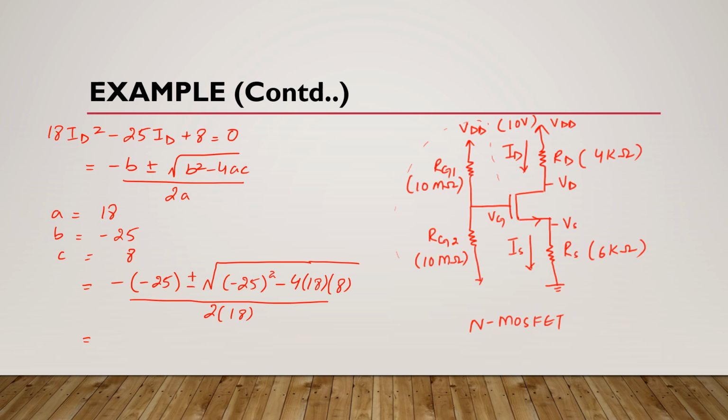Now after solving this, we get 25 plus minus 7 divided by 36. It means here we have two values of drain current. ID1 is 0.889 milliamperes and the value of ID2 will be 0.5 milliamperes.